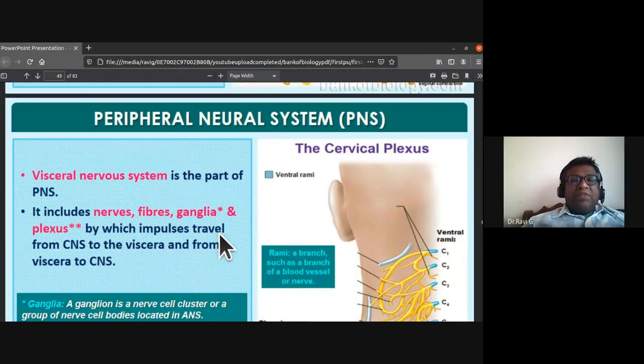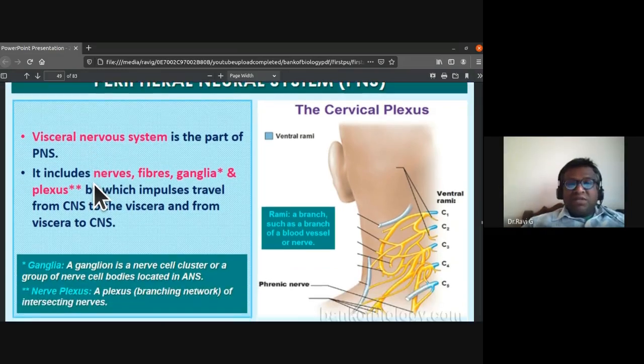The next is the peripheral nervous system. The visceral nervous system, or VNS, is part of the peripheral neural system.